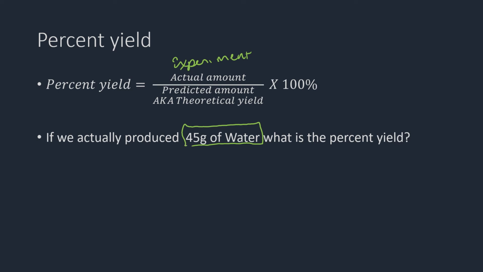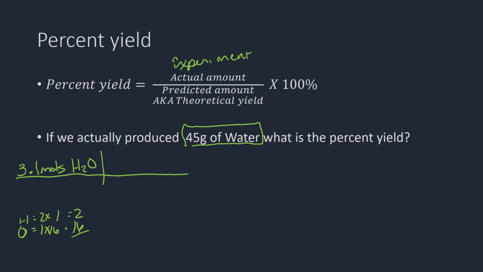In the previous slide we had 3.1 moles of water. So I need to convert that to grams of water. H2O is 2 times 1, plus 1 times 16, so 18 grams.